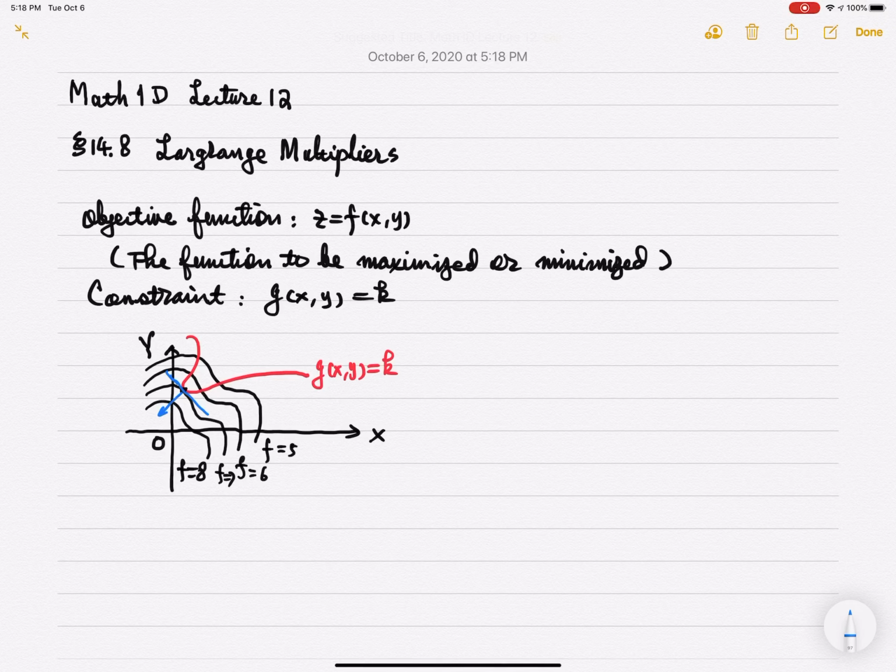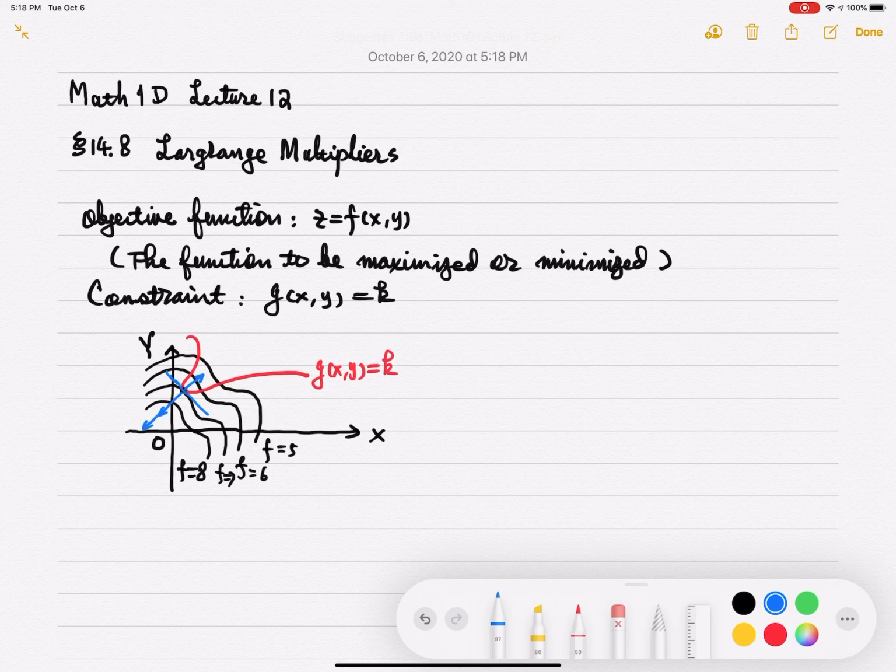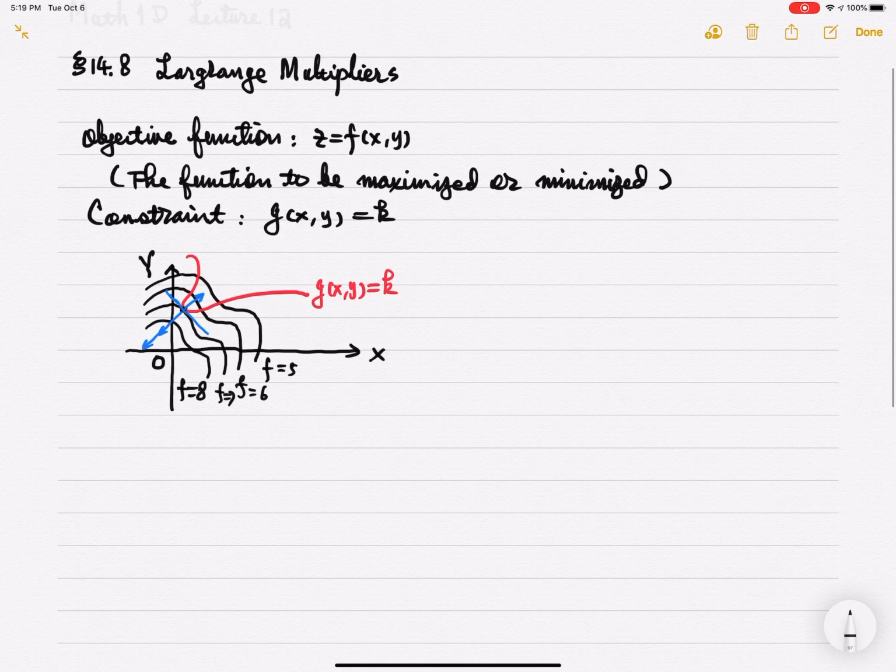We say that's the gradient vector, which means we have this. If I call this point P, we say at point P, f is maximized.